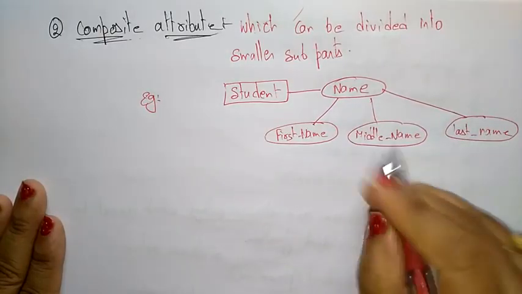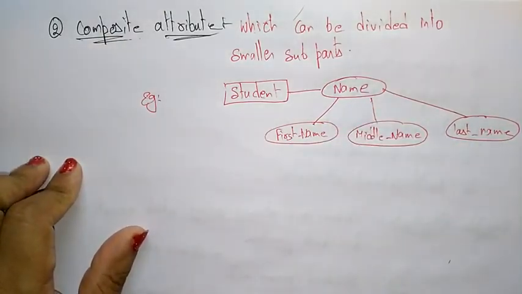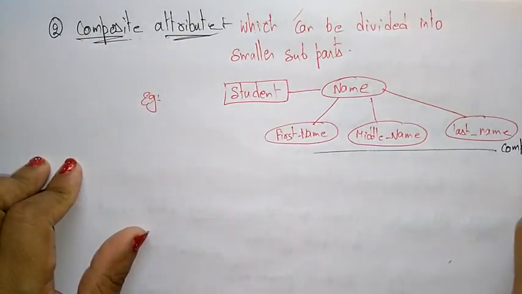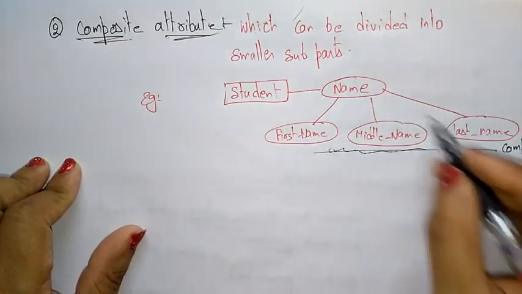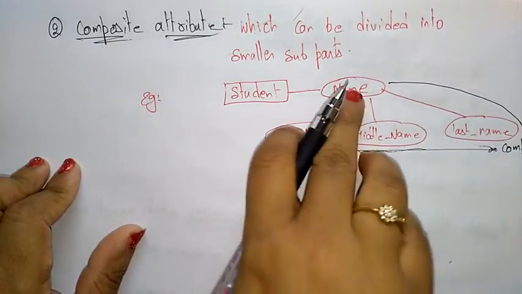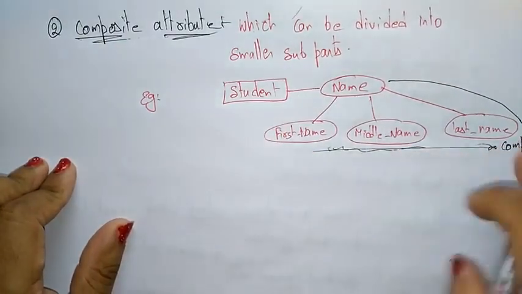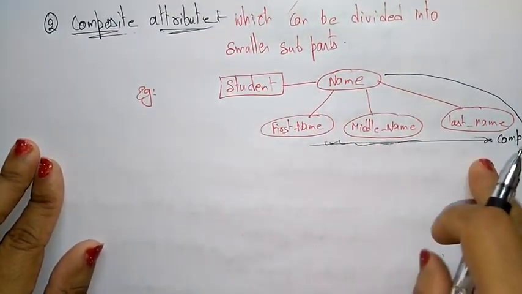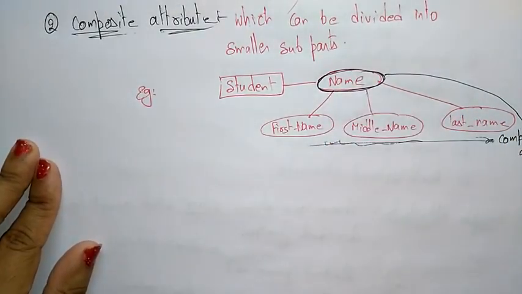So these are also attributes. The name is what you call a composite attribute. Why are we saying this is a composite attribute? Because it can be divided into smaller subparts like first name, middle name and last name. That's why the name is a composite attribute.